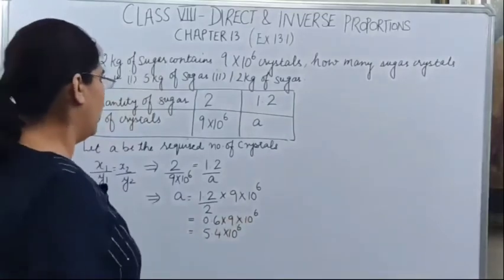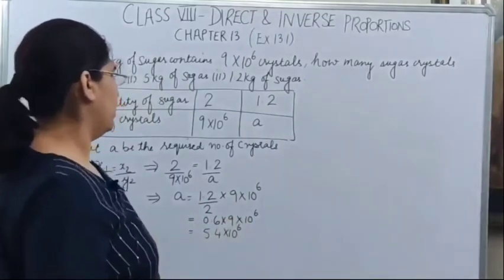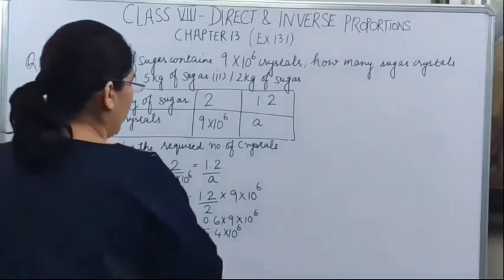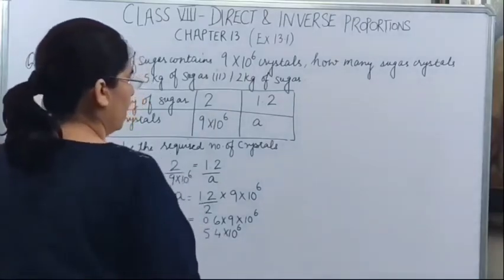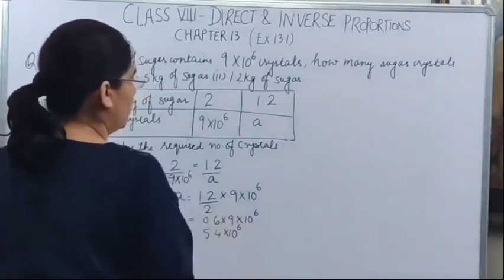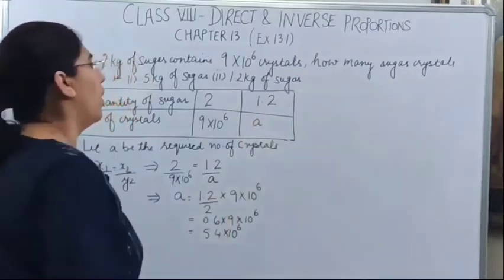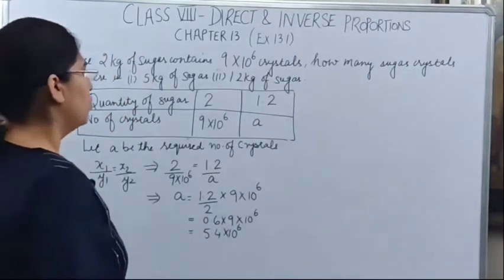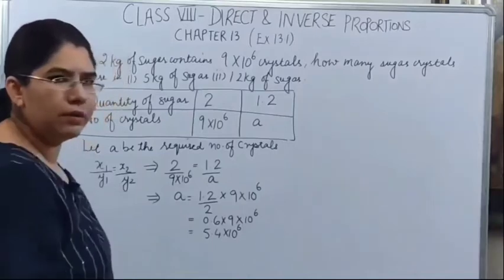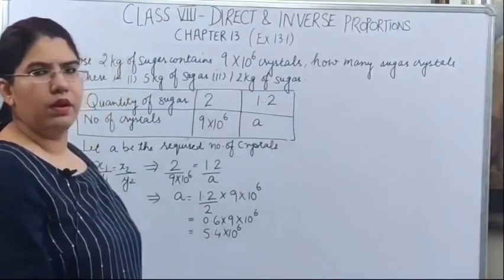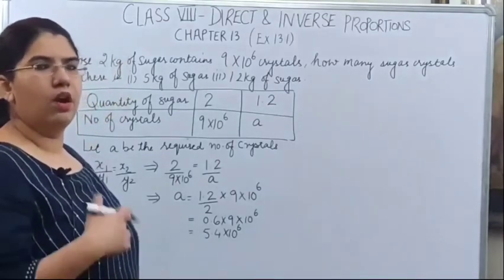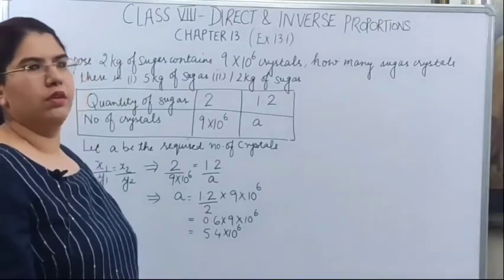So, you get 5.4 into 10 to the power 6. So, there are 5.4 into 10 to the power 6 crystals in 1.2 kgs of sugar, right. Is it clear? Now, we move on to the next question.